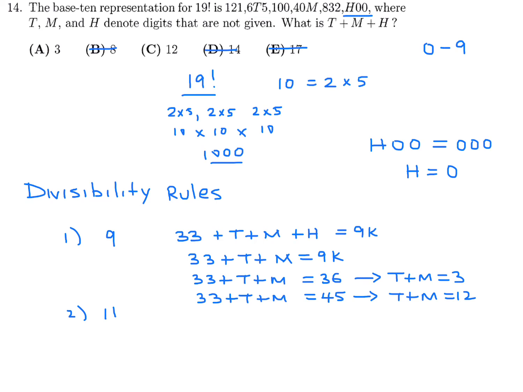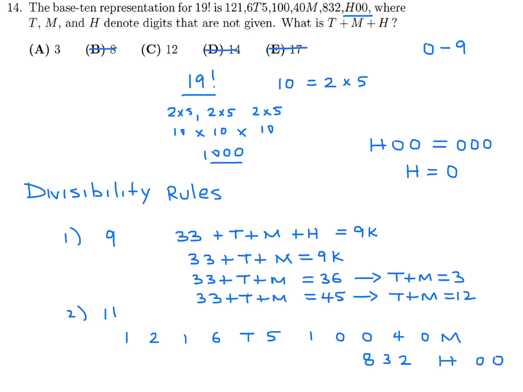But what do I mean by alternating sum? Well, look at this number closely, and look at the digits. The digits are 1, 2, 1, 6, t, 5, 1, 0, 0, 4, 0, m, 8, 3, 2, h, 0, 0.